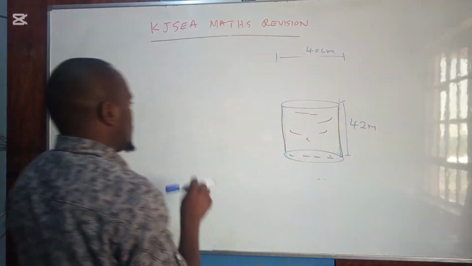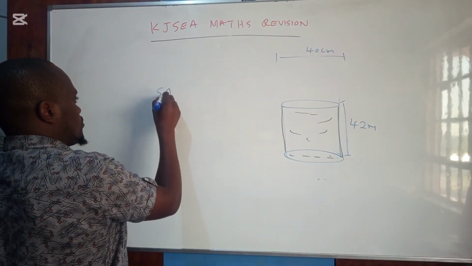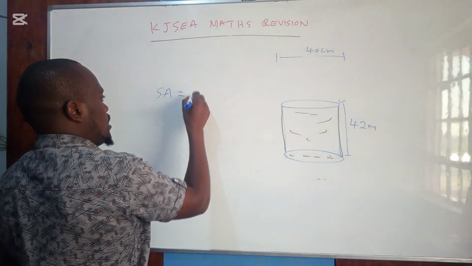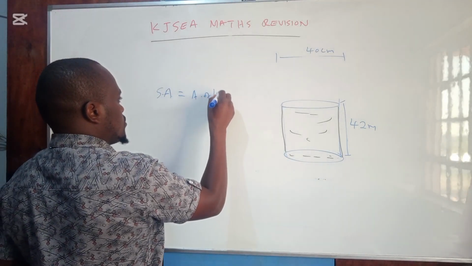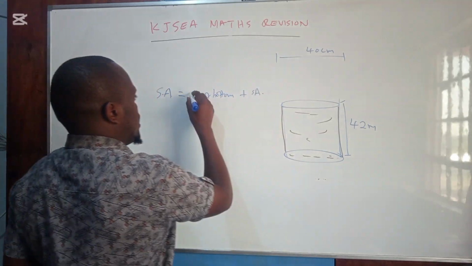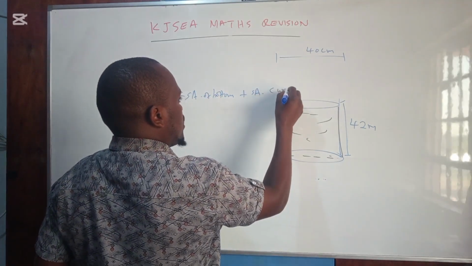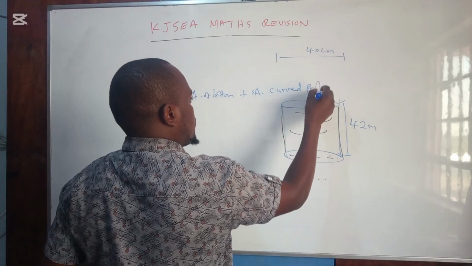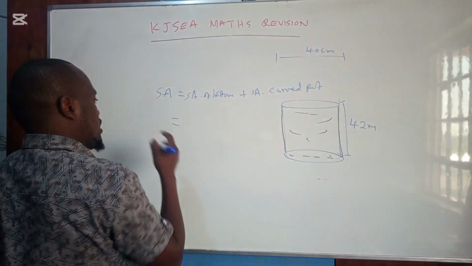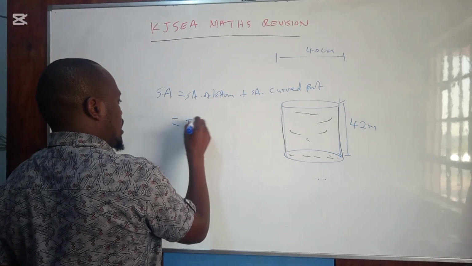So surface area is given as the area of the bottom, plus the surface area of the curved part. The surface area of the bottom, which is a circle, is given as pi r squared.